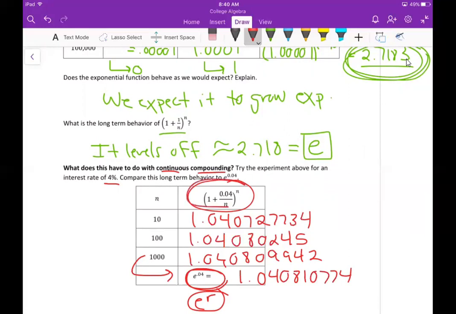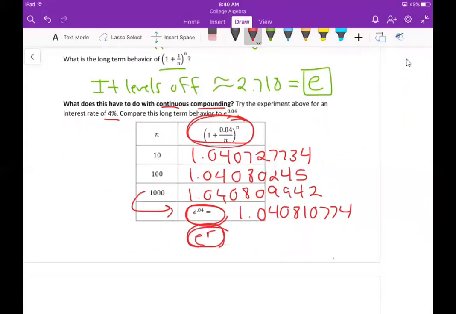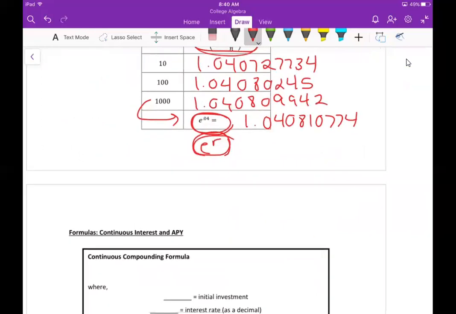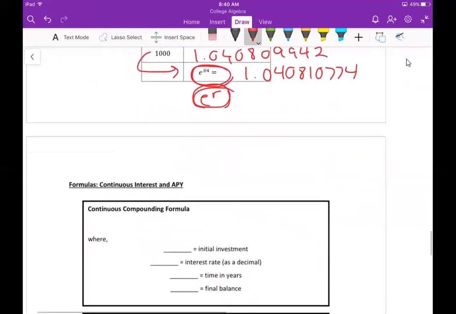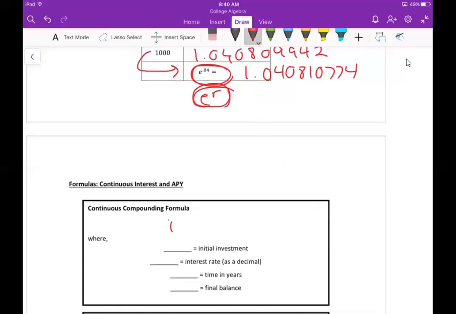So we're going to take this part of our compounding formula and just replace it with e to the r. So it actually turns out the continuous compounding formula is a little bit simpler. If we're just replacing that middle part, we still have P equals P naught, but now our whole growth factor is just e to the r, and the growth factor is then taken to the t power for time passing.